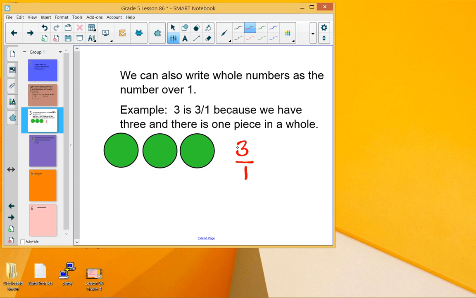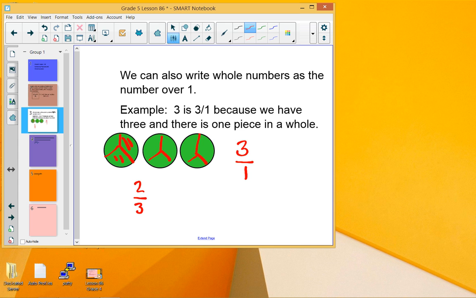That's the same, because what we have here is I have 3 of them, and there's one piece to a whole. Remember, if you have something like 2/3, we would have this divided into 3 sections, and shaded in, we have 2/3 right there.